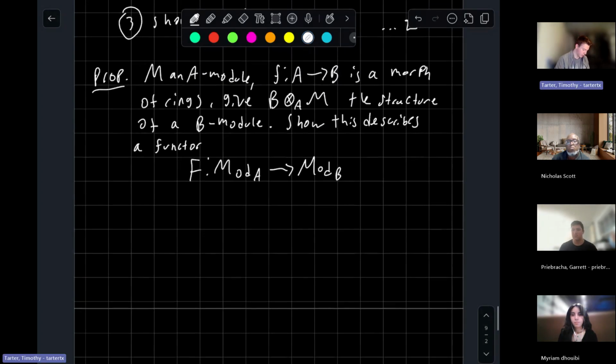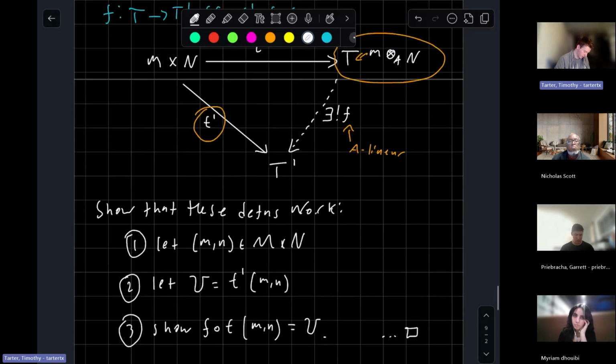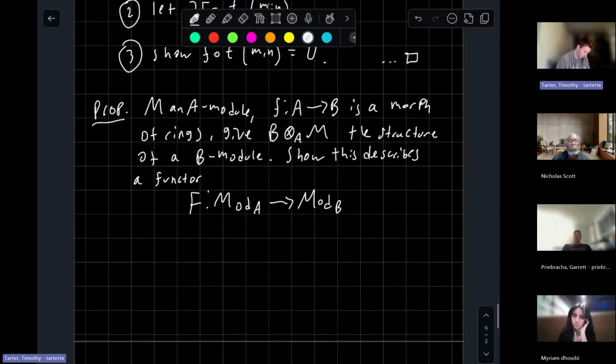Or rather that it's a Cartesian product of A modules. So, as a proof sketch, I want you guys to be kind of critical on this.